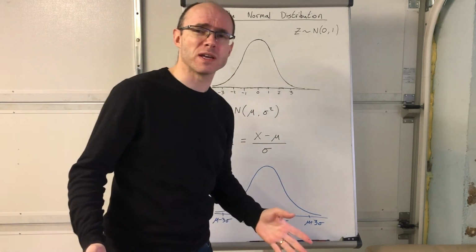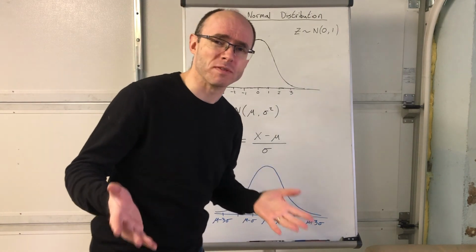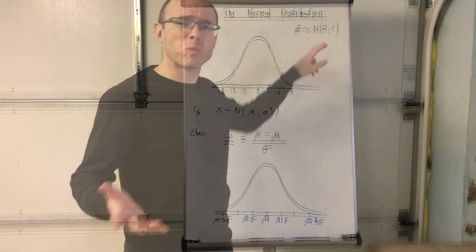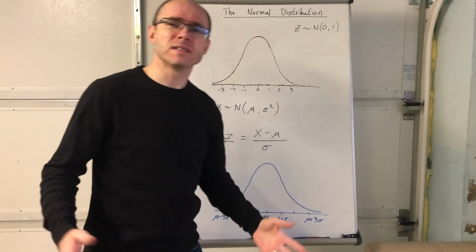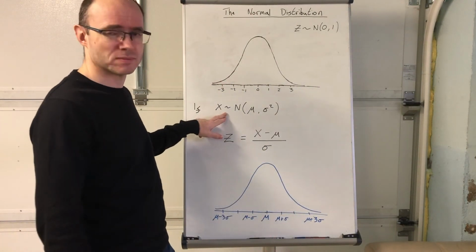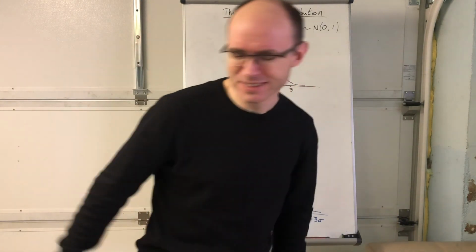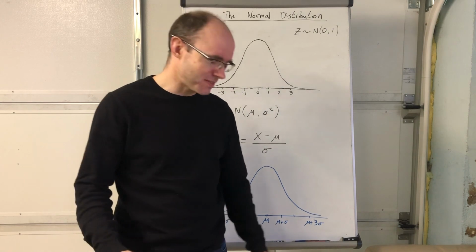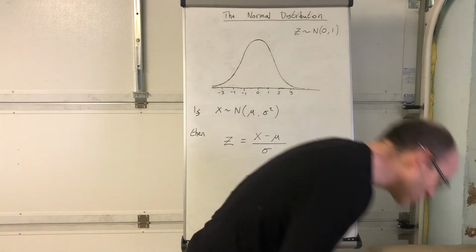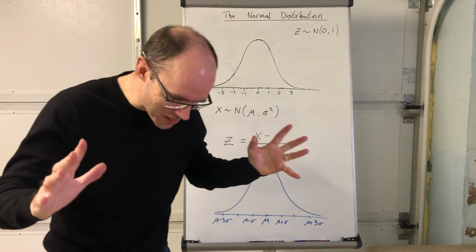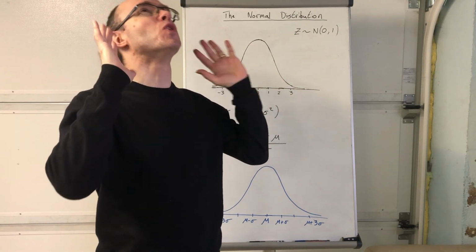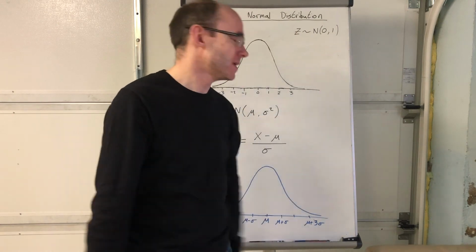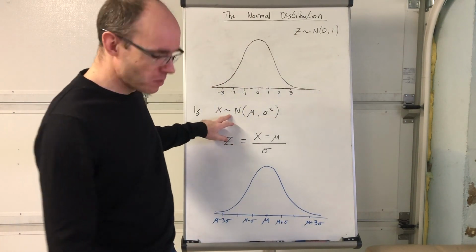Now, why is that important again? Because when we've got a standard normal variable... Why can't I remember this? Normal random variable.